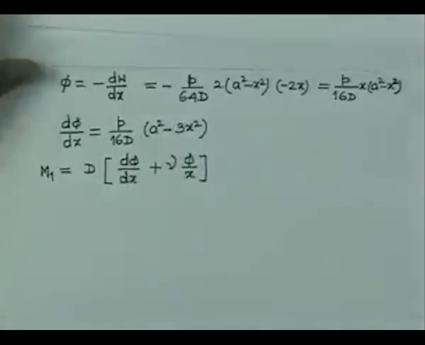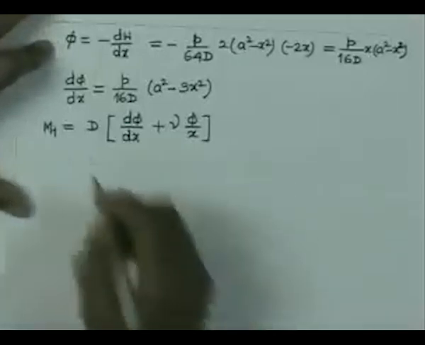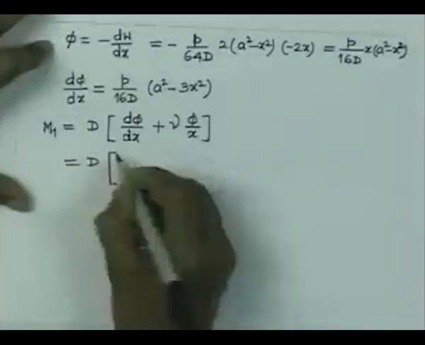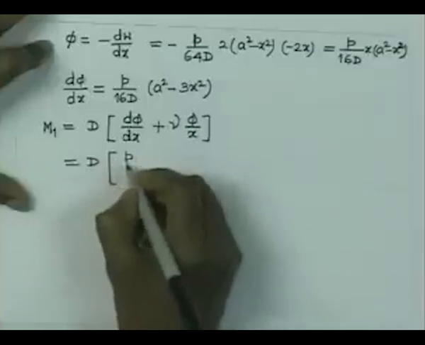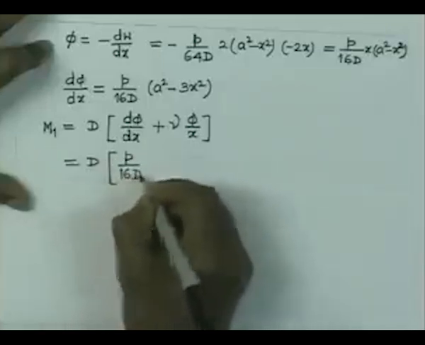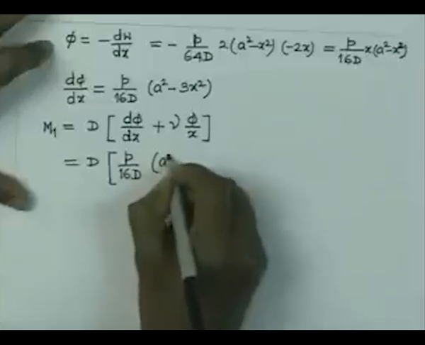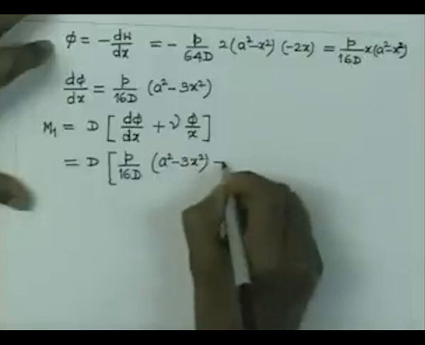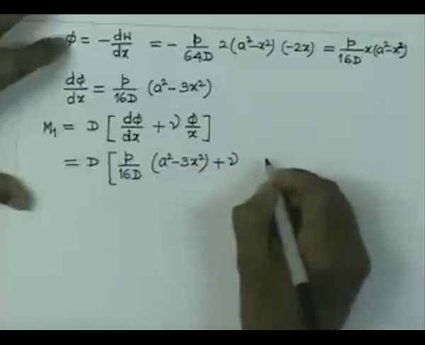If we substitute the values, we get P by 16d times a square minus 3x square plus nu into phi by x.